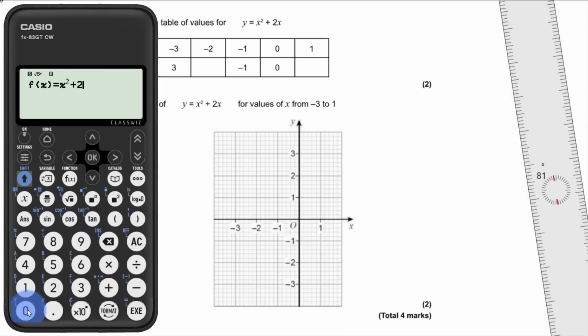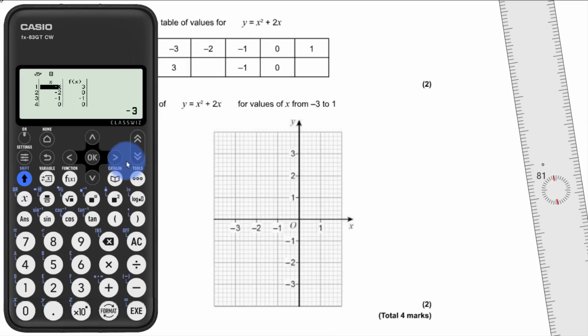Okay, that's my function typed in. Next thing I need to do is go back and put the range in that we're going to be using. This time we're going to go from -3 to 1, going up in ones. Okay, that gives me my table of values.